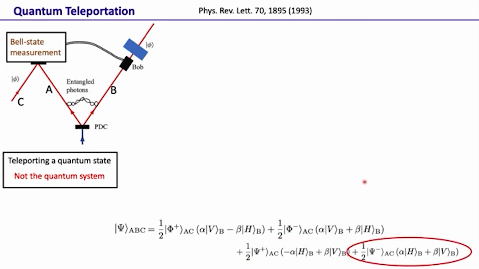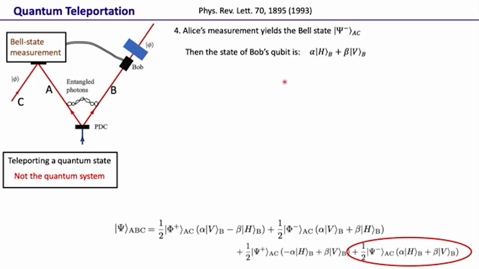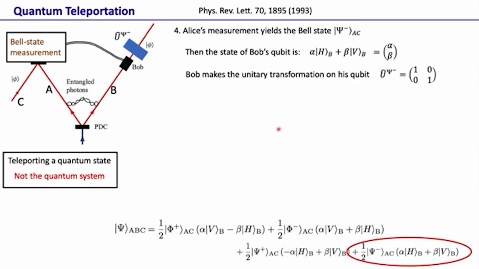And finally, if Alice finds that the Bell state is psi minus, then in this case Bob has to make the unitary transformation 1, 1, 0, 0, 1, 1, and we can see that with this the state will become alpha beta. In fact, in this case the unitary transformation corresponds to basically doing nothing. This is just a unit matrix.